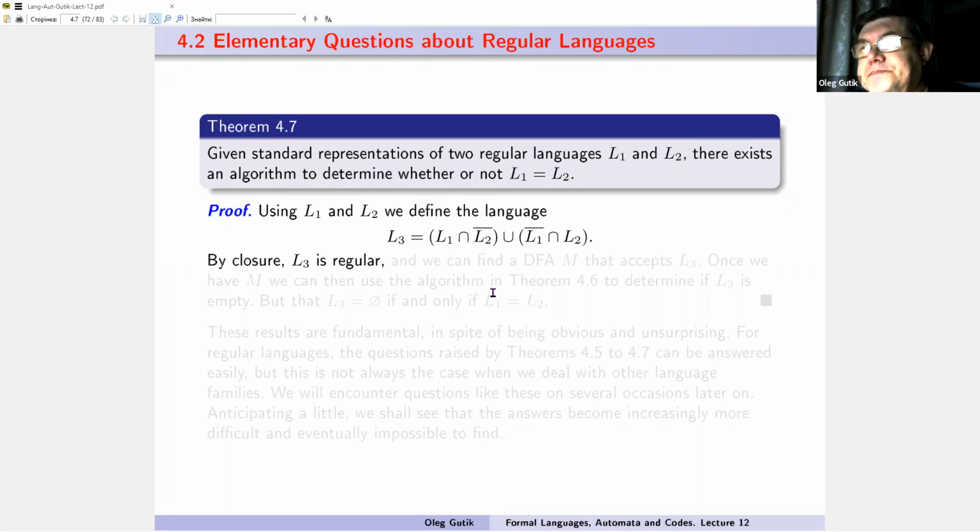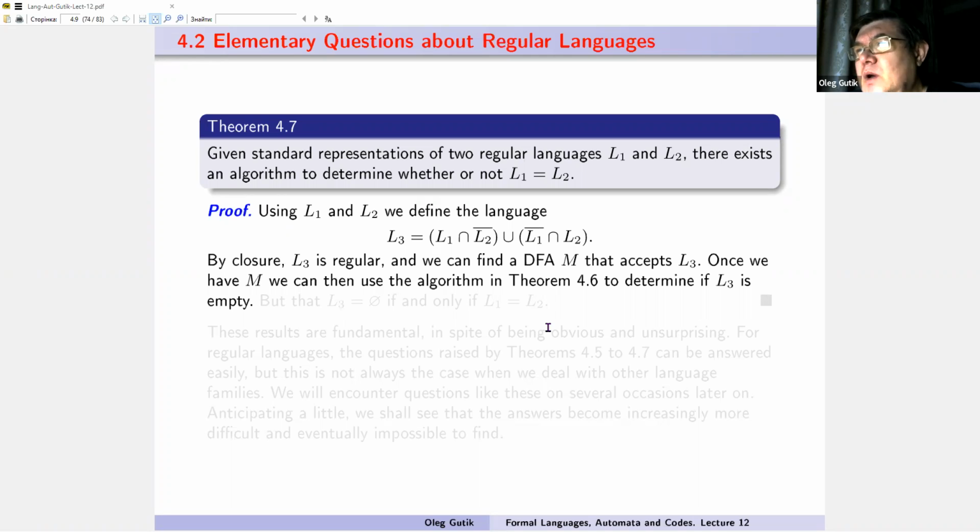By closure, the language L3 is regular, and we can find a deterministic finite acceptor M that accepts the language L3. Once we have M, we can then use the algorithm in Theorem 4.6 to determine if the language L3 is empty.